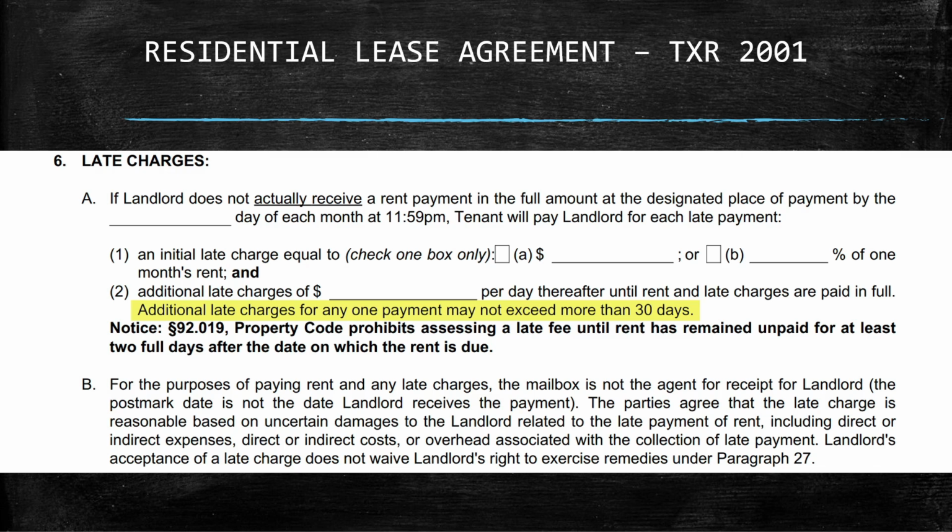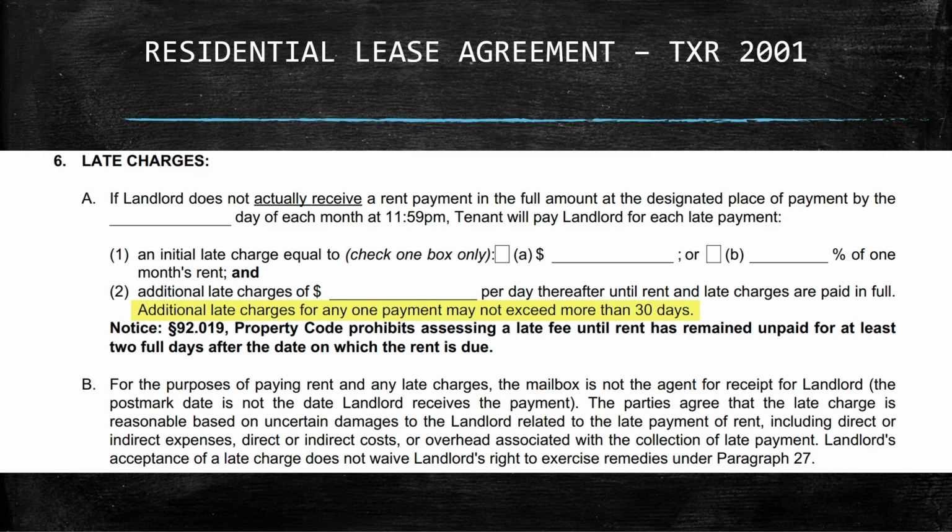Now, it's important to understand that this only goes for one rental cycle at a time. So let's say in the month that we're talking about, first of the month comes and goes, no rent payment. The 3-day grace period comes and goes, no rent payment. On day 4, landlord charges an initial late fee. And then on the next day, day 5, we start charging additional late charges.